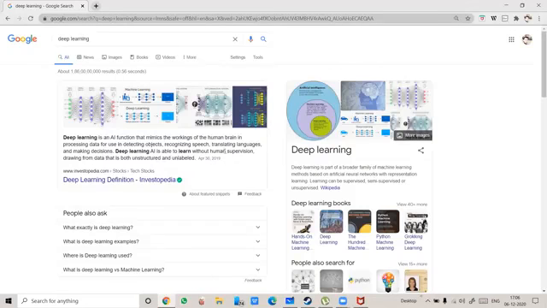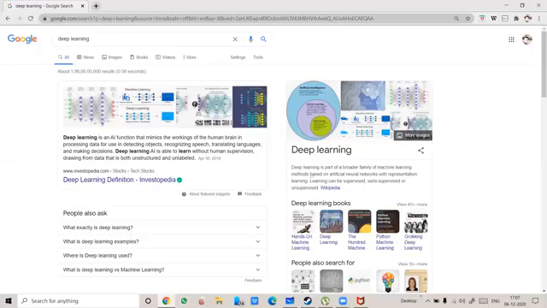Just now we saw the example, students, that there is no human supervision, drawing from data that is both unstructured and unlabeled. Just imagine so much complex data is identified and made meaningful with the help of deep learning. You don't have to worry whether all the connections of the neural networks are there or not. From a very deep complex thing it can derive the output. That is deep learning.